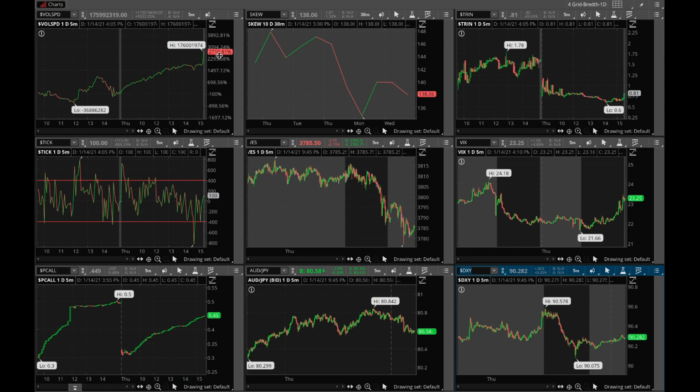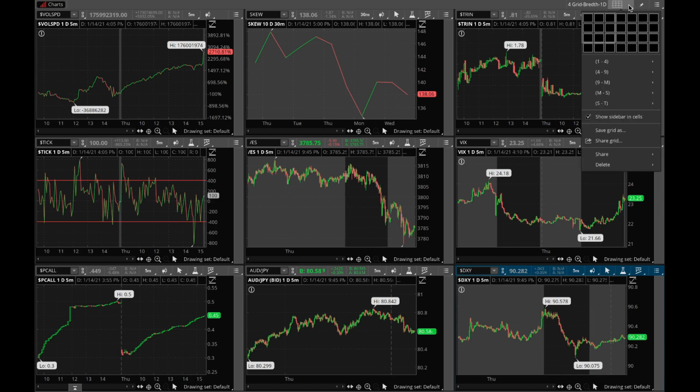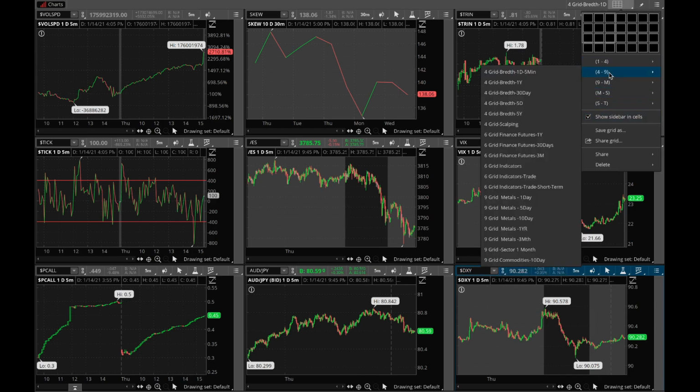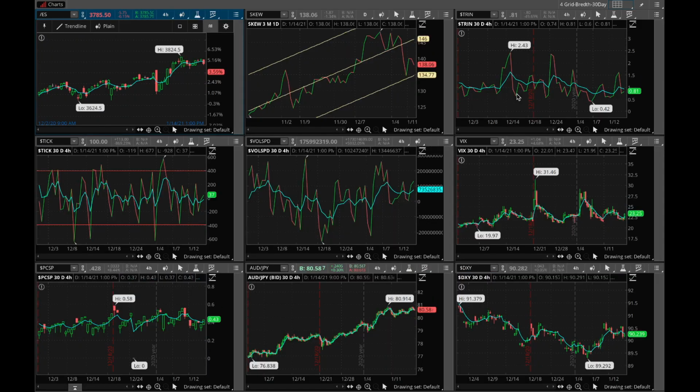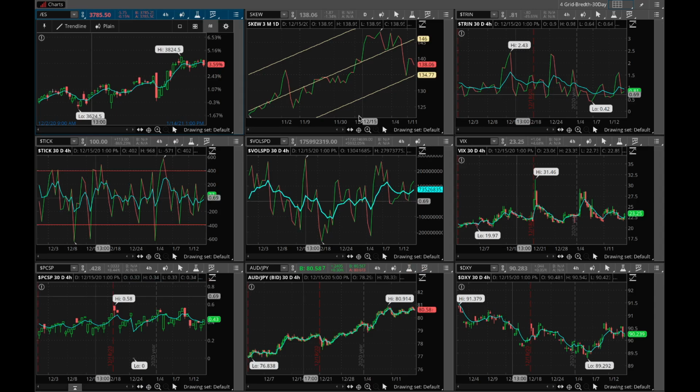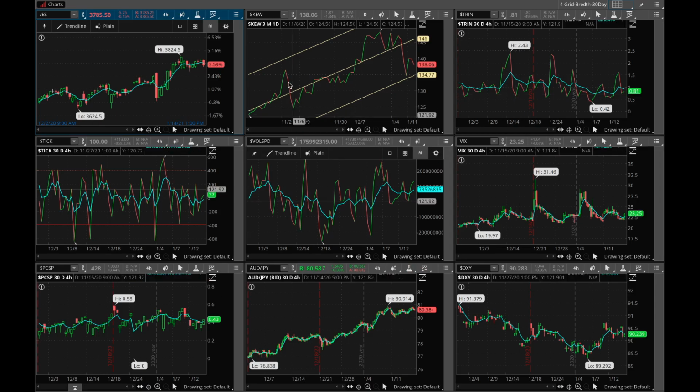The only caveat I would say is with VIX: watch out a little bit for the pattern, and don't just look at one day. As an example, if I go to a 30-day chart instead of one day, it will give you a better idea. On the 30-day chart, you can see skew went up here.